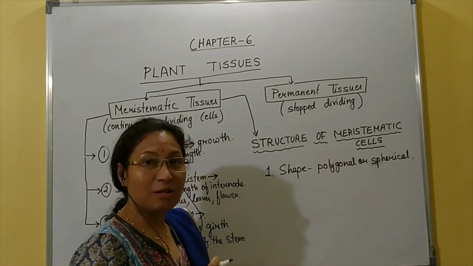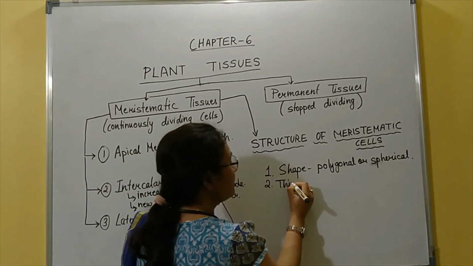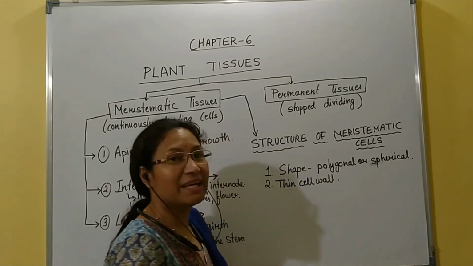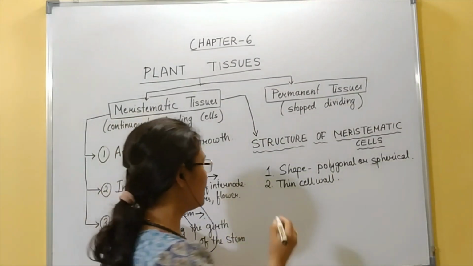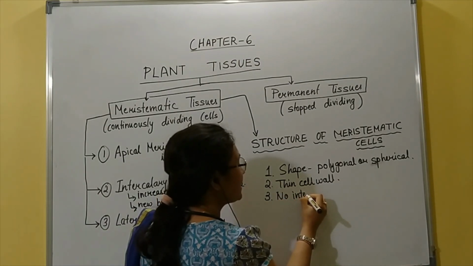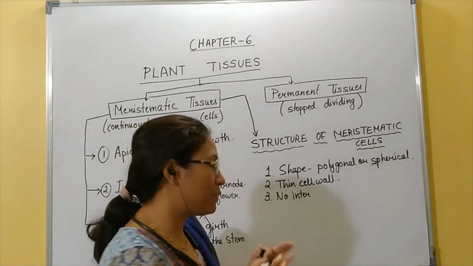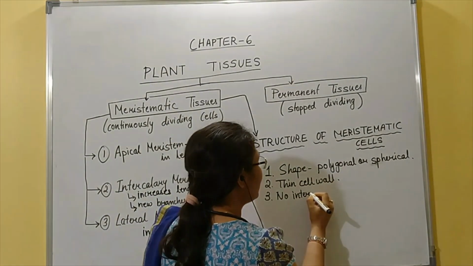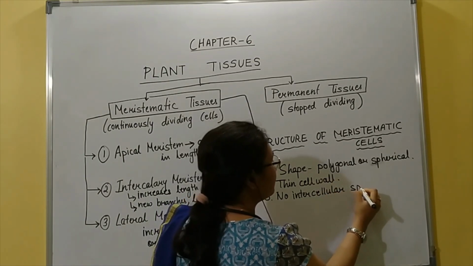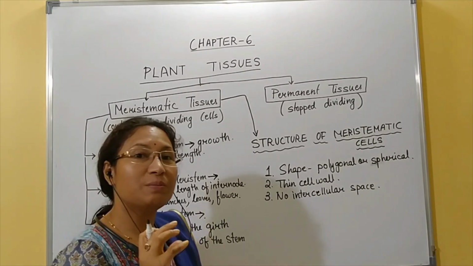Then the cell wall is very thin. So thin cell wall, and there will be no intercellular space. The cells will be very tightly packed, so there will be no space in between the cells. No intercellular space. Now inside the cell, the cytoplasm will be very dense.